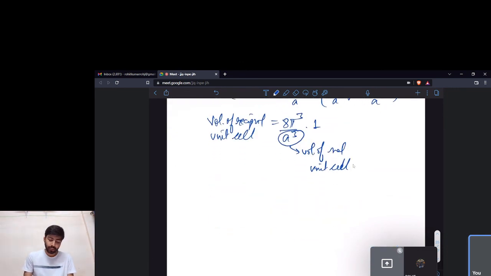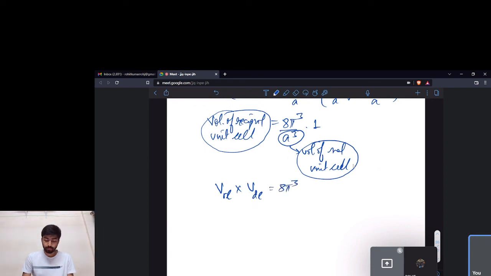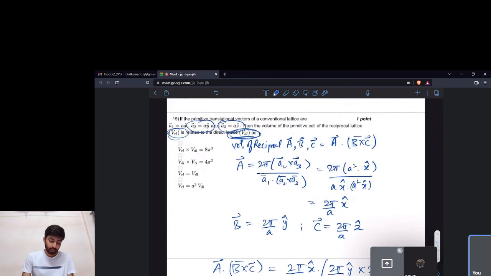So V of reciprocal unit cell is V_RL, V of real unit cell or direct lattice is V_DL, and this is a multiplication sign, not a cross product, so V_RL times V_DL is equal to 8 pi cube. So 8 pi cube above in the question is our correct answer.